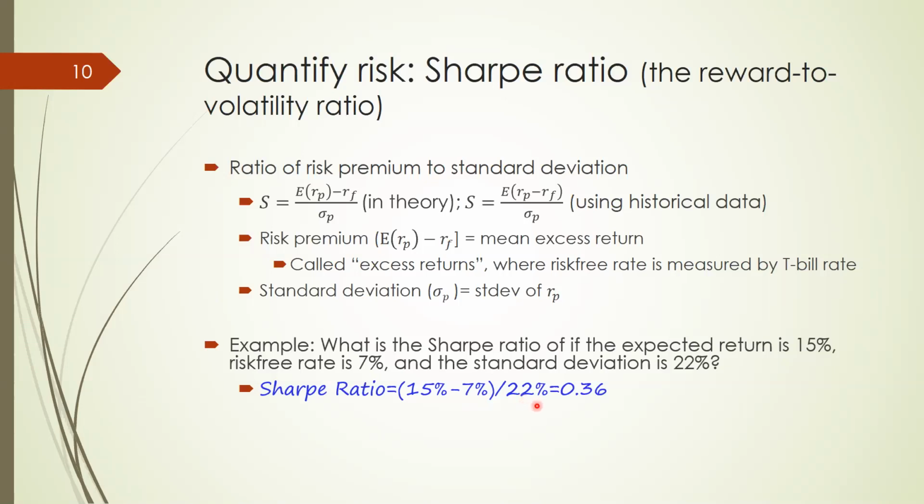Divided by the 22% standard deviation, your Sharpe ratio is 0.36, which means that if we standardize the risk to 100% of standard deviation, this portfolio offers you a risk premium of 36% per year. So the higher the Sharpe ratio, the better the risk-return trade-off for the given portfolio relative to the others.